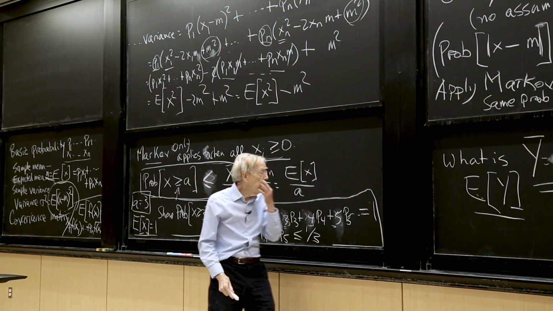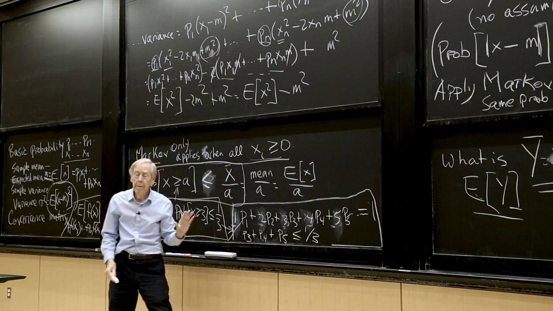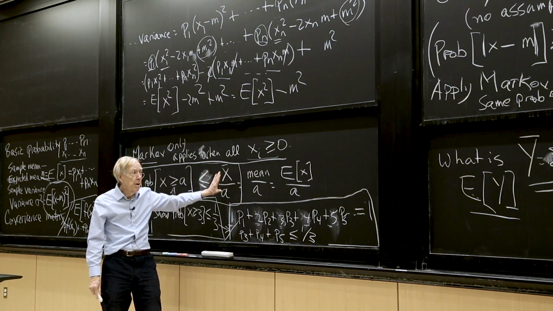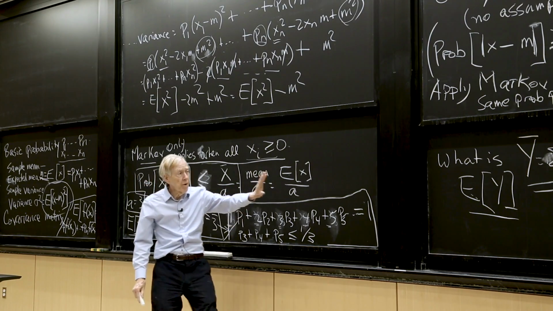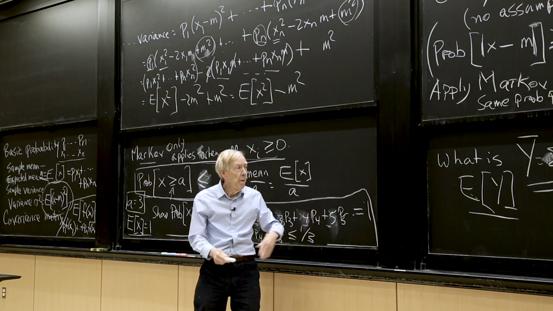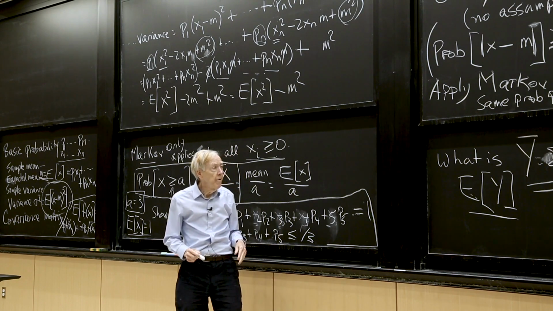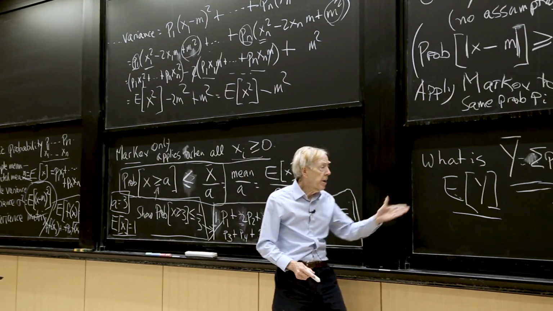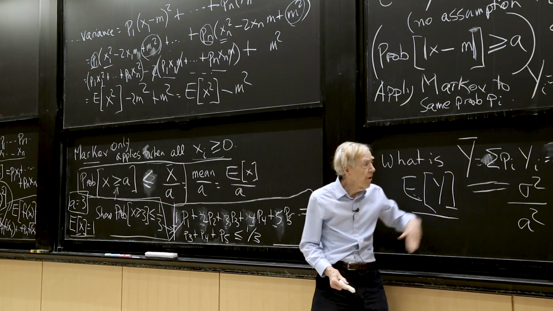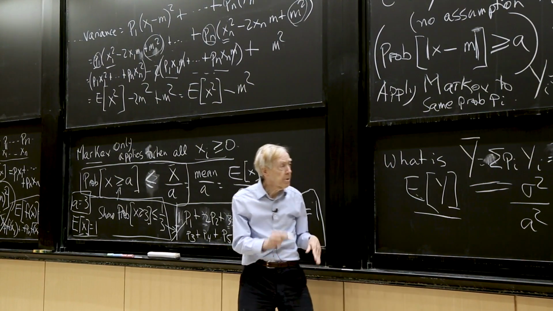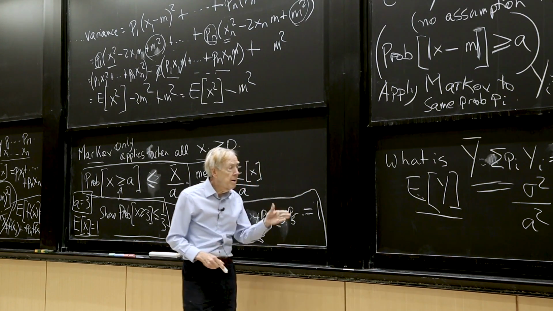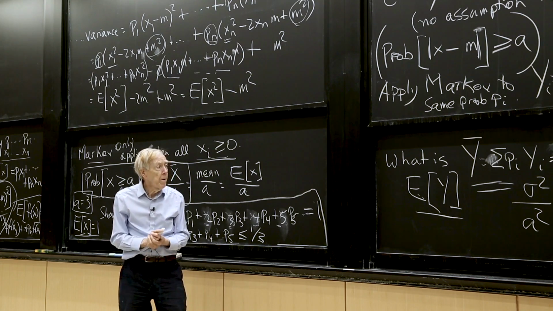So that's Markov applied to y. Here's Markov applied to x, and x had to be greater or equal to 0. Chebyshev took a y, which was greater or equal to 0, then just applied Markov and recognized that the mean of his variable, x minus m squared, was exactly sigma squared, and it fell out.